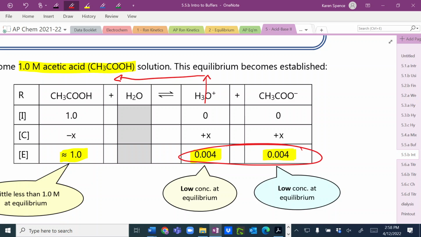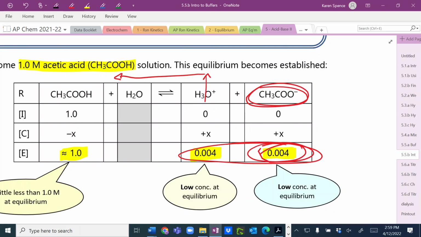Pretty soon we are going to run out of this guy, yes? So if it tries to shift to the left, we can absorb a tiny, tiny, tiny amount of acid, 0.004 molar, but then we run out of the base.